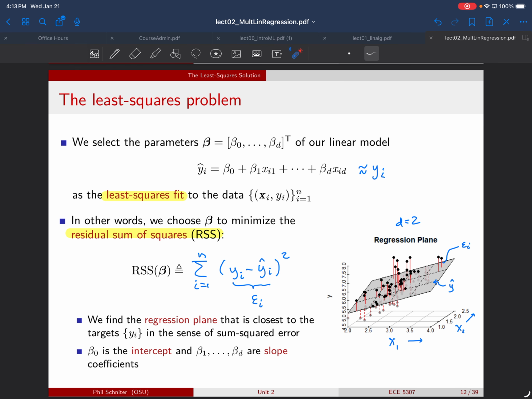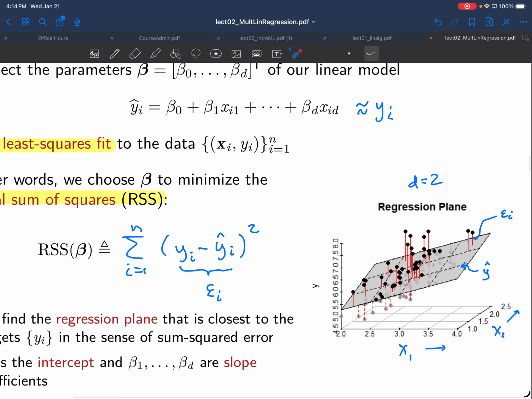And we have a visualization of this here. This is in the case where we have only two features. In that case, we're plotting the value of one feature on this axis, the value of the other feature on this axis, and the value of the target on this axis.